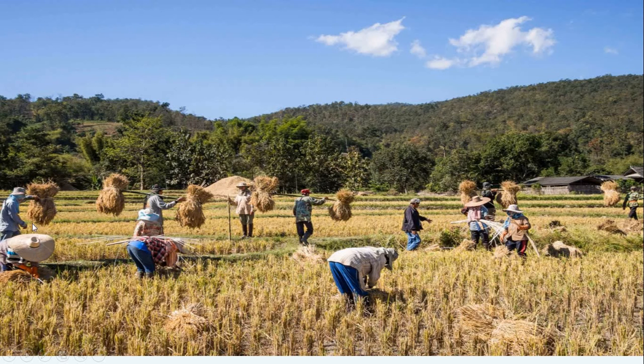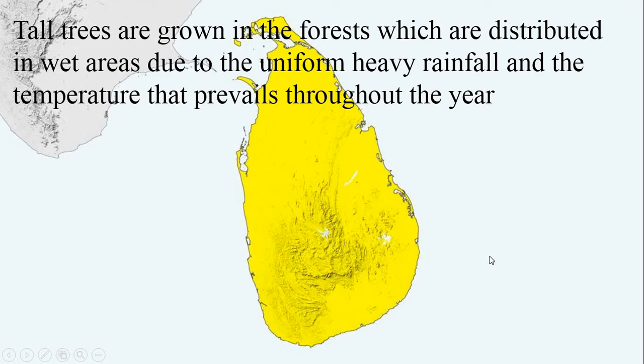Here is another picture. It shows how people reap harvest. Right. In the wet zone, we can see tall trees. In the wet zone, we can see very tall trees.